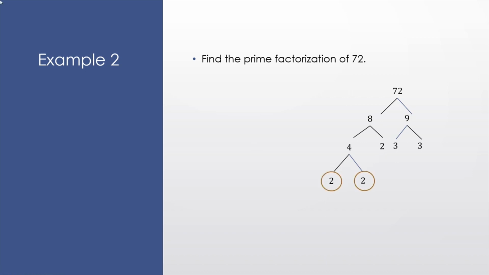So it's going to be that 2, 2, 2, 3, and that other 3. So it's all those branches. Again, this is a factorization. Factor involves multiplication. So to do the prime factorization, it would be 72 equals 2 times 2 times 2 times 3 times 3. It's all the ends of those branches.